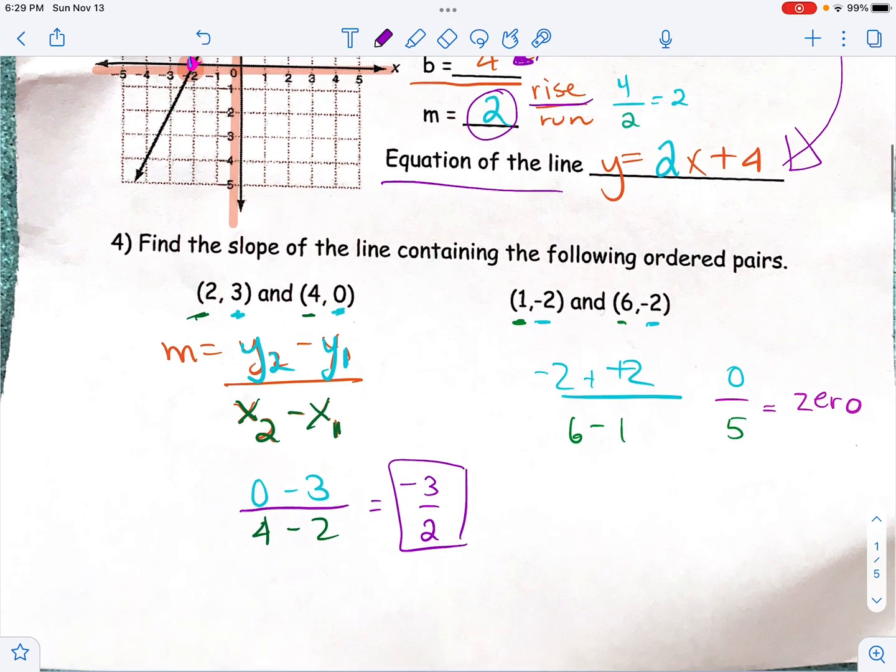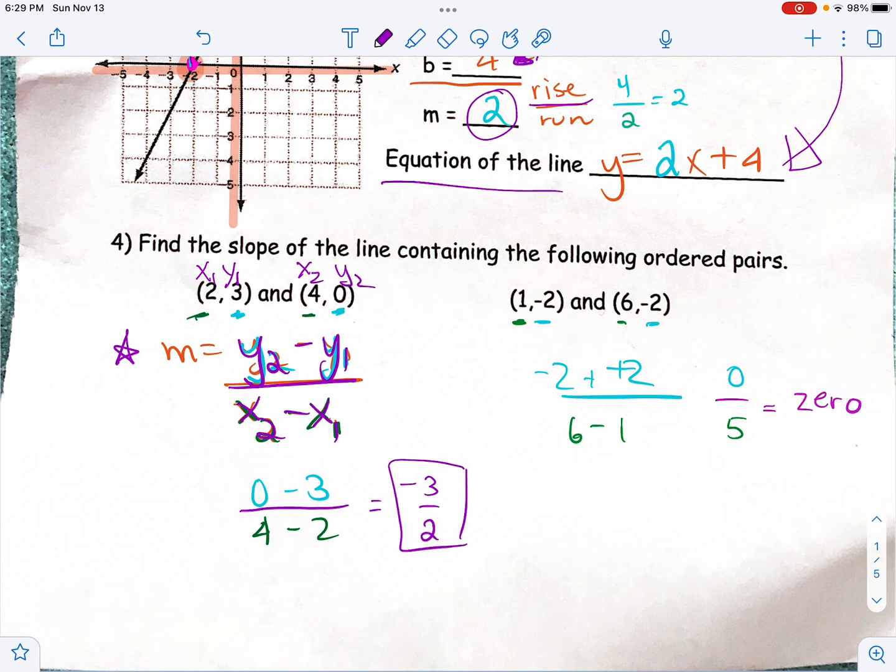On 4 and 5, it asks for the slope of the line. When we're not given the slope on the graph, how can we figure out what the change in y over the change in x looks like? Well, we use our slope formula. We literally have the change in y over the change in x, right? And we can label our points. This is the first point, and this is the second point.